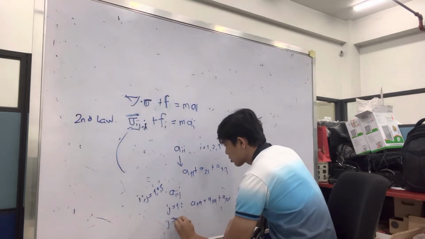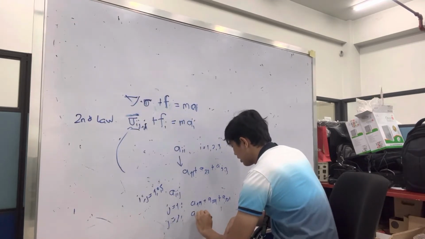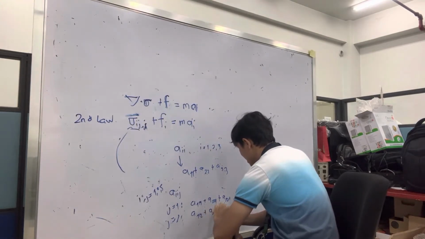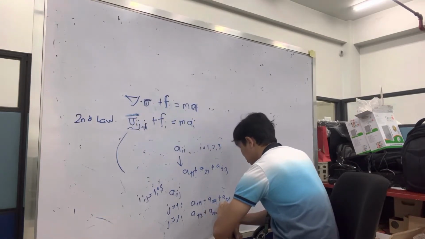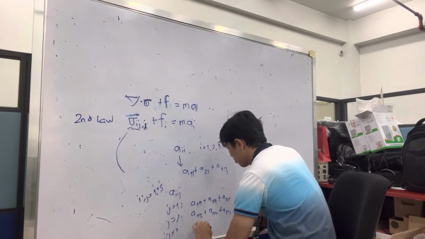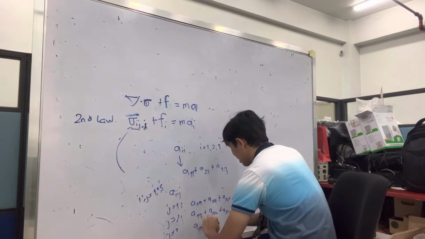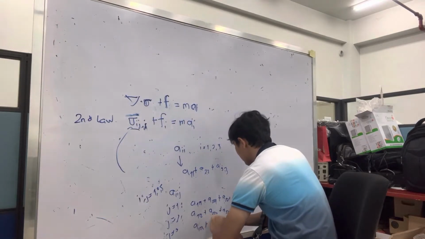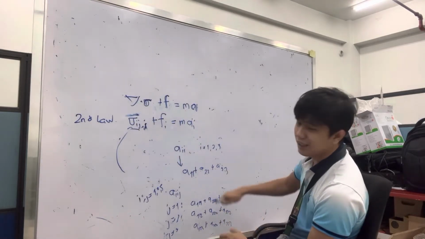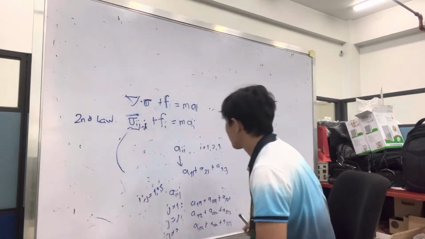J equals 2: A112 plus A222 plus A332. Then j equals 3: A113, A223 plus A333. That is how it expands. So what are the implications of this?